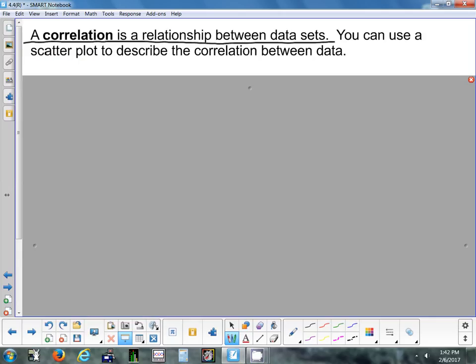Right, so can anybody think of two things that have a correlation, like they're related to each other? Like grams of sugar and the calories in a drink. There's a relationship. You add more sugar, you get more calories. Anybody think of anything else that there's a relationship between two things? Like work and money.